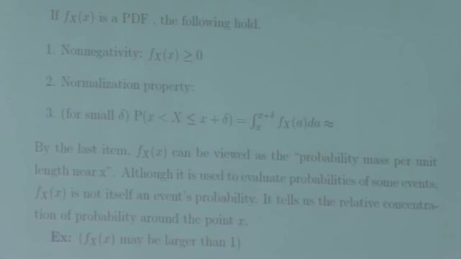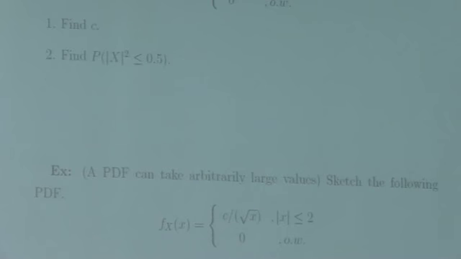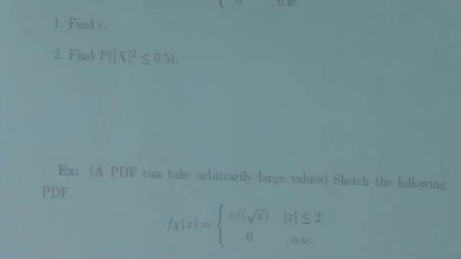Now, fx of x, the density, may be larger than 1. So unlike probabilities, densities can take values larger than 1. As we saw in this example, it went up to 3. It can even take infinite values in some regions.